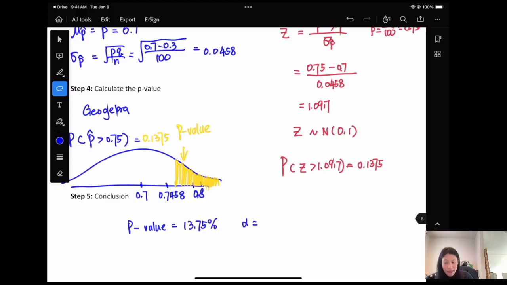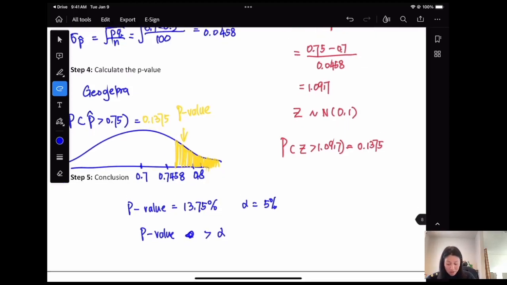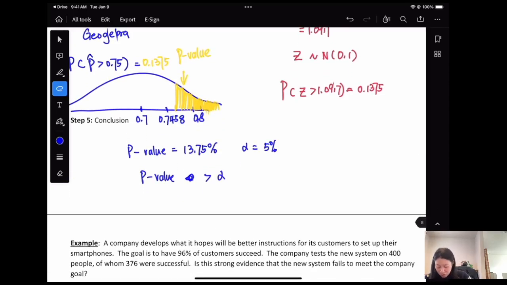If they didn't give you an alpha, the default one is 5%. Our p-value is greater than alpha, which is not small enough. So in that case, we fail to reject the null hypothesis.